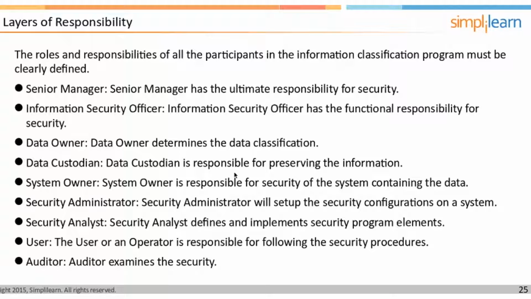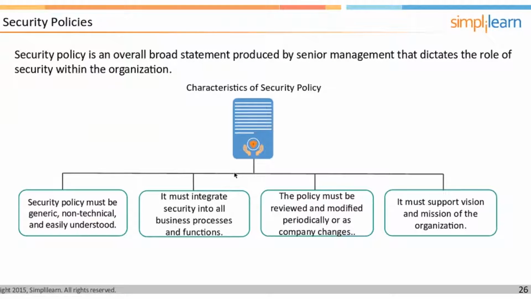And then you also can have an information security officer who is responsible for security, the data owner, and the data custodian, which we will discuss in more detail in the second domain. And we have the other layers like system owner, security administrator, security analyst, user, and auditor. You can read through this; you don't have to memorize any of it.